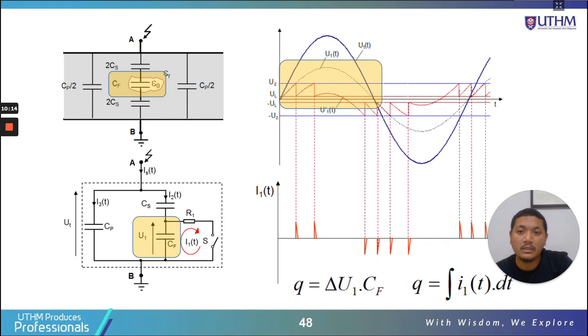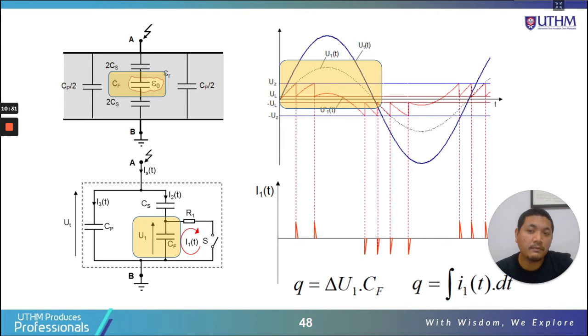Here you can see this is the void. So the void in this case is represented as one capacitor. The rest is represented by different capacitors.